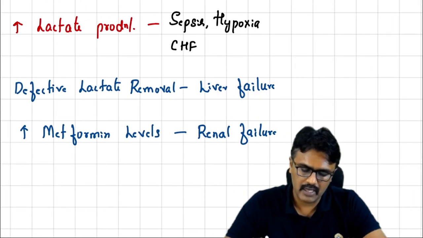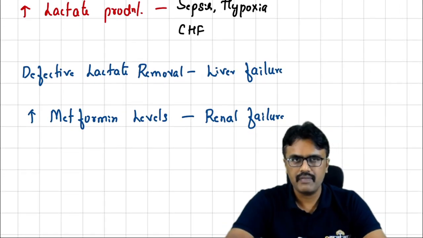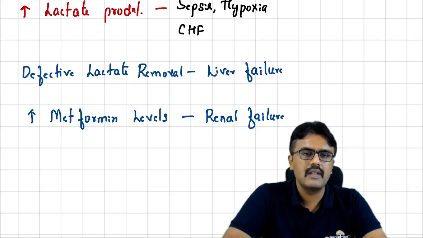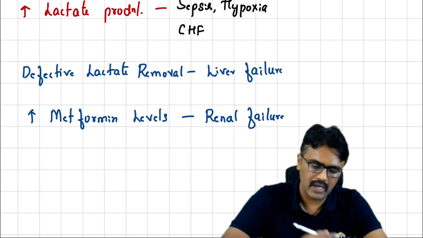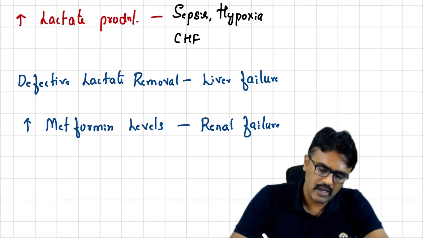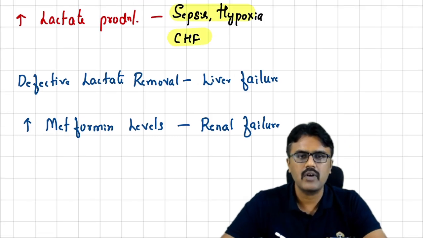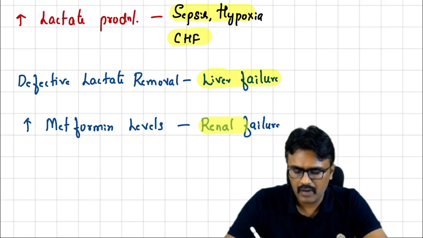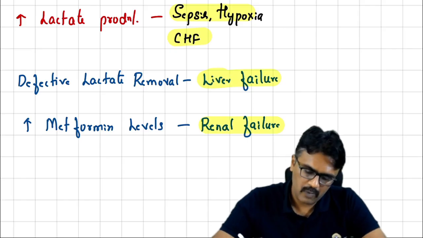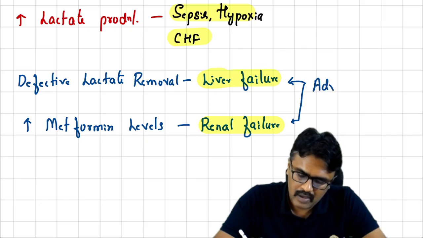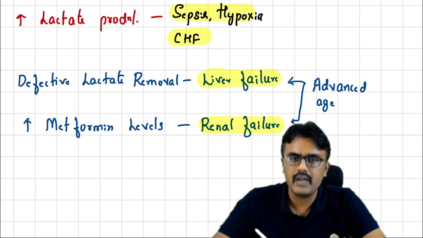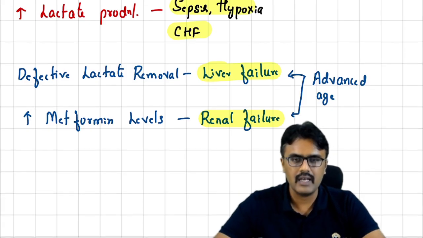Metformin is eliminated by the kidneys, and if they fail to eliminate it, the metformin level increases and the risk of lactic acidosis increases. So the risk factors are sepsis, hypoxia, CHF, liver failure, renal failure, and advanced age, in the elderly, where liver failure and renal failure are also seen.